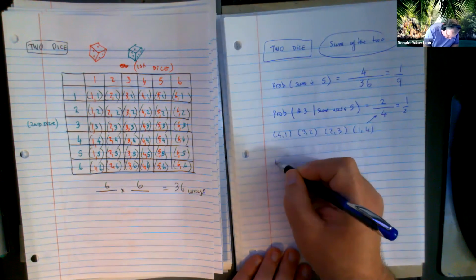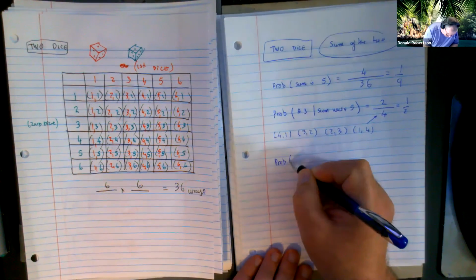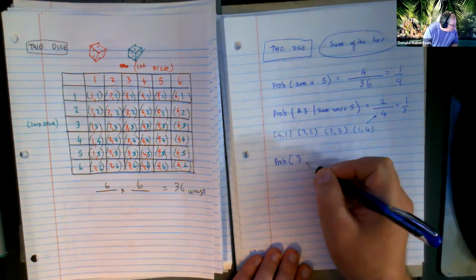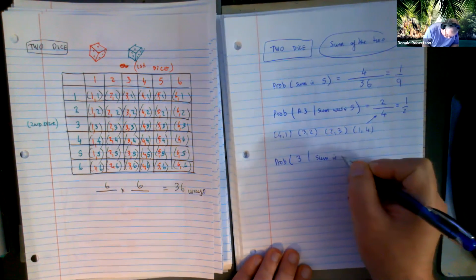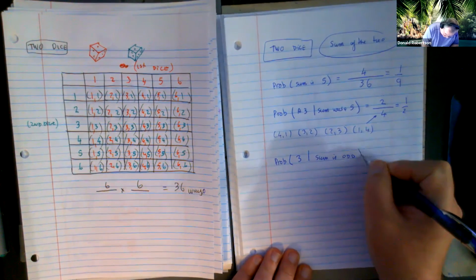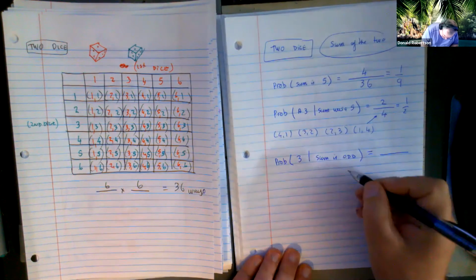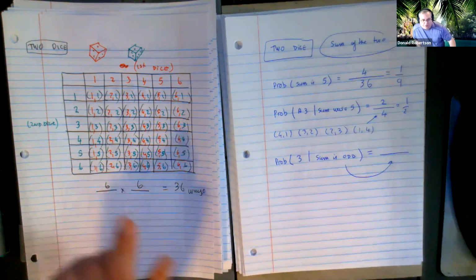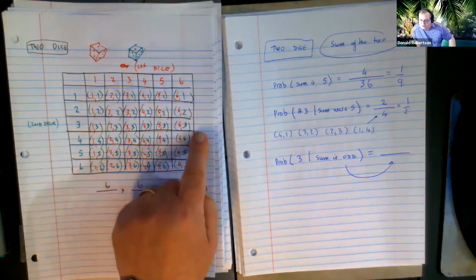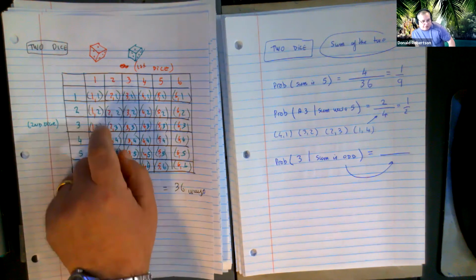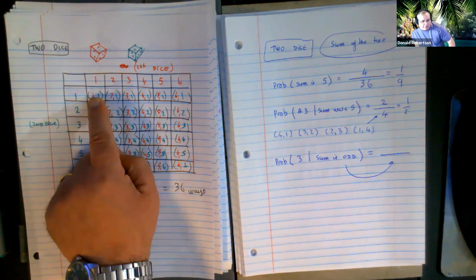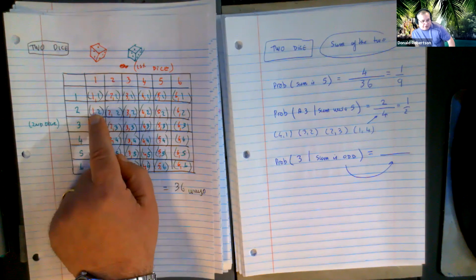What's the probability that you get a 3 given that the sum is odd? Wow. You have to go to these 36 guys and you have to count how many of them would end up giving you a sum that's an odd total. Well, that one adds up to 2, so that's no good. These 2 work because they add up to 3.